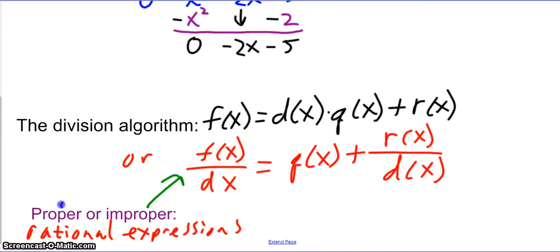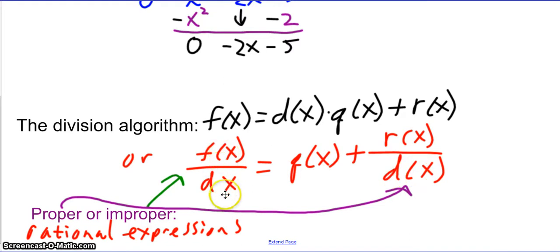A proper rational expression would be r of x over d of x. The reason being, it's proper because the degree of the numerator is less than the degree of the denominator. Here it's improper because the degree of the numerator is greater than the degree of the denominator. So that's what we're talking about when we talk about proper versus improper rational expressions.